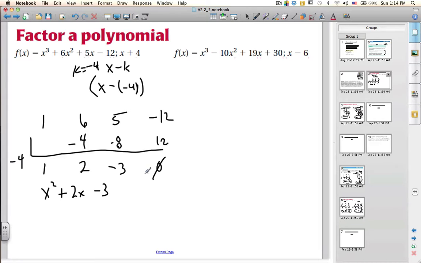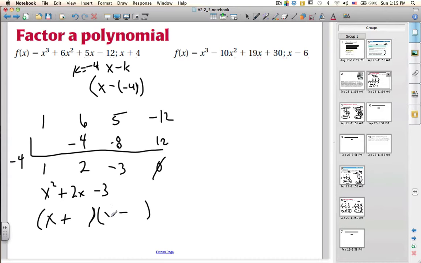So if you remember, I told you that at the end of the problems in Chapter 2, you have problems from Chapter 1. Now I need to factor this. So I want factors of 3 that have a difference of 2. Right? 3 and 1 are the factors of 3, and they do have a difference of 2. Because this sign is a minus, I know that I have a plus and a minus here, because a positive number times a negative number gives me a negative number.